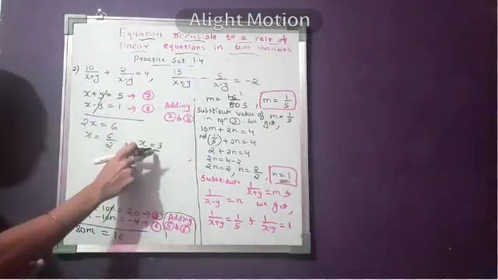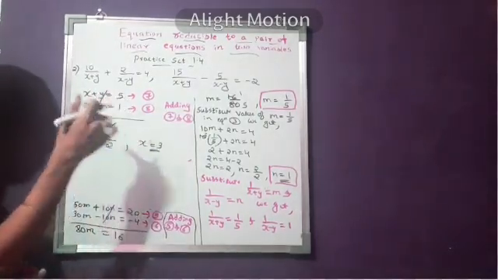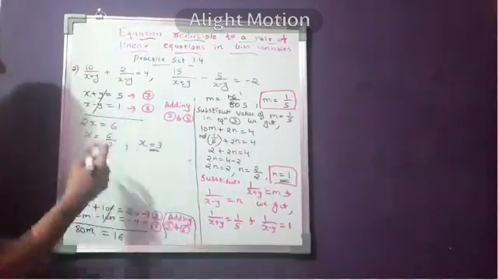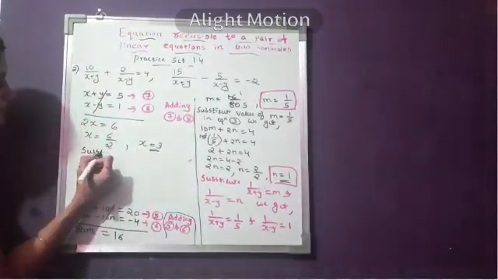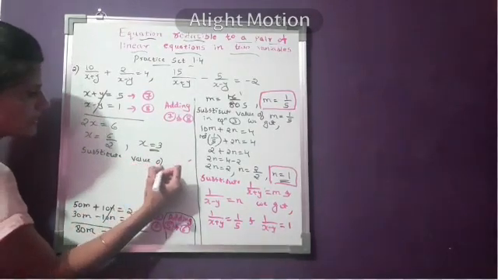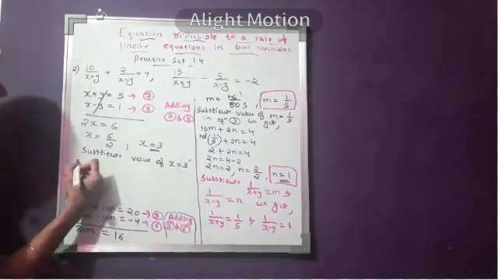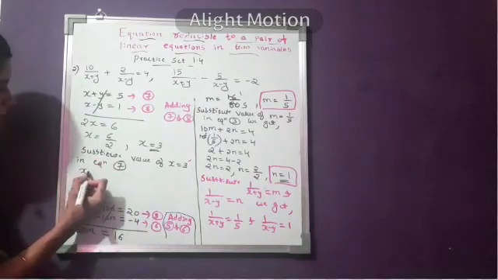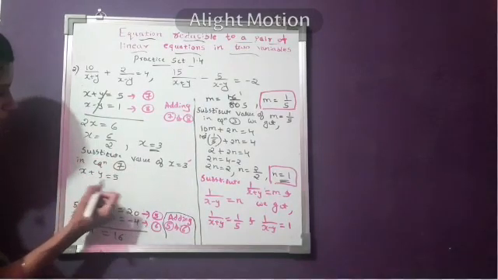Now if you substitute the value of x in any one equation, you will get the value of y, that is the solution of the equation. Substitute the value of x equal to 3 in equation 7. That is x plus y is equal to 5.